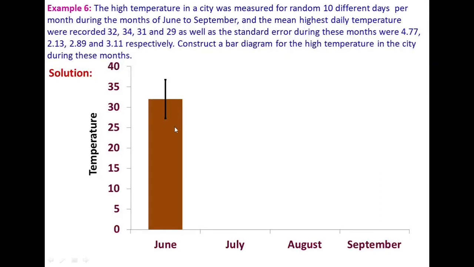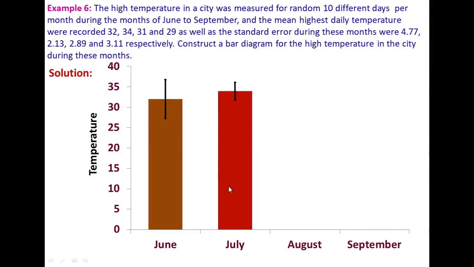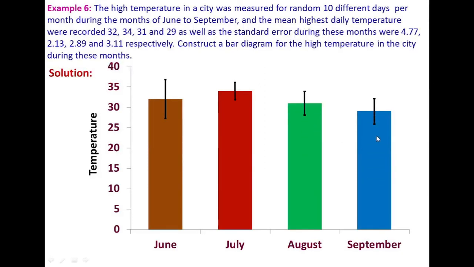In the same manner, we can plot red bar column for July, green bar column for August and blue bar column for September. Here you can see that the length of this black line or black error bar is different in all these months, as it depends upon the standard error for individual months.